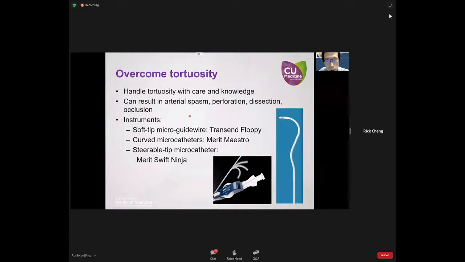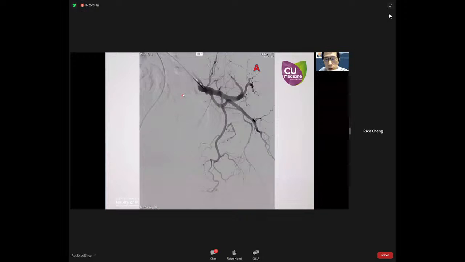So to overcome tortuosity, we favor the use of a curved microcatheter with a soft, unbraided catheter, such as a Merit Maestro. Sometimes we use a cerebral tip microcatheter to provide good support to overcome double sharp turns up and down. We use some Merit Swift Ninja. So in this case, this is the origin arising from the obturator artery.